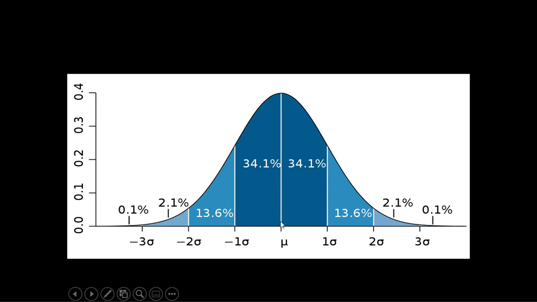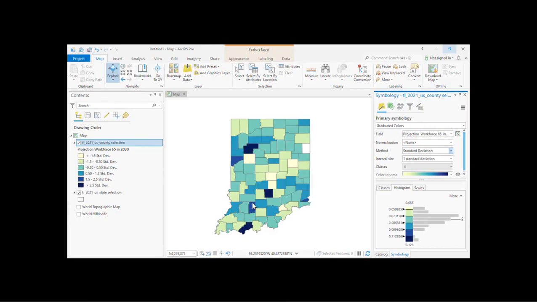Here we have the mean, and one standard deviation this way, one standard deviation this way. Once again, this represents 68% of the data. If we add in the next two, that represents 95% of the data, and so on. This is the reason why I last time started to talk about the mean and standard deviation: now it's more understandable when we look at this classification system.